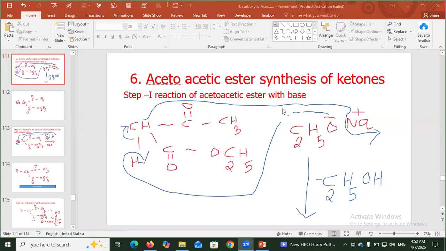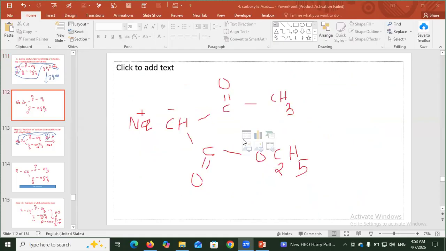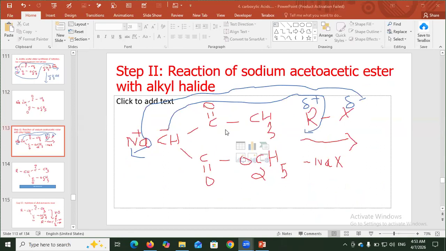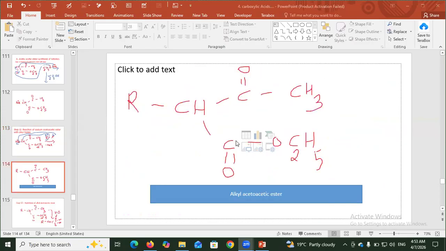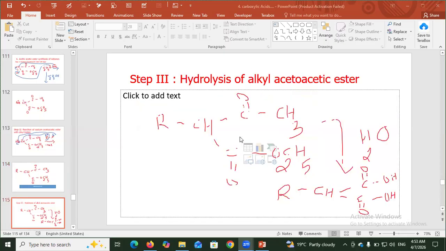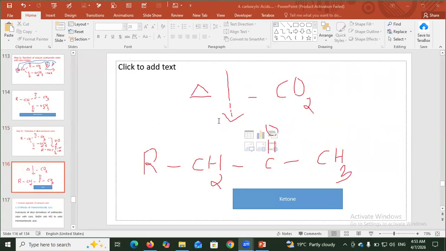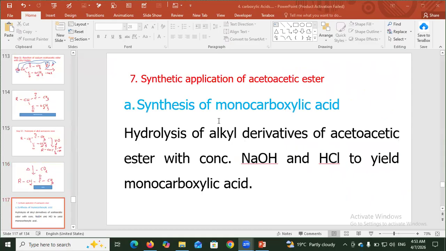Step 2, reaction of sodium acetoacetic ester with alkyl halide, alkyl acetoacetic ester. Step 3, hydrolysis of alkyl acetoacetic ester, and heat it, produces ketone.